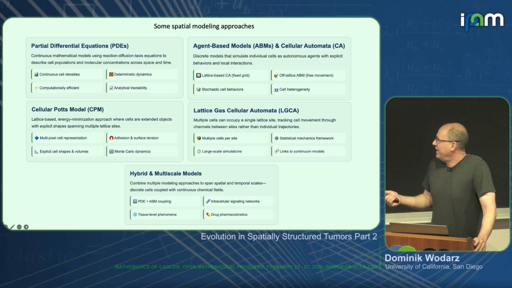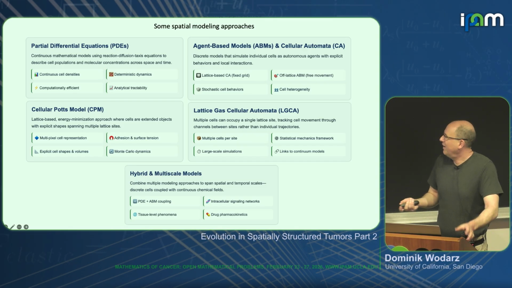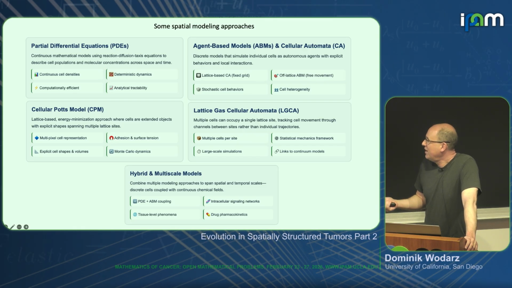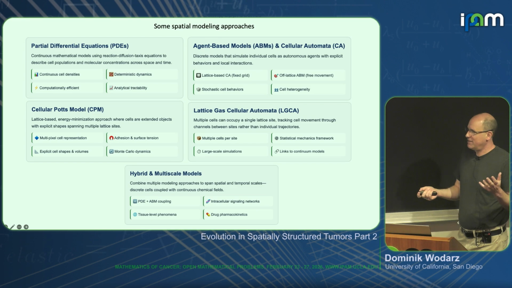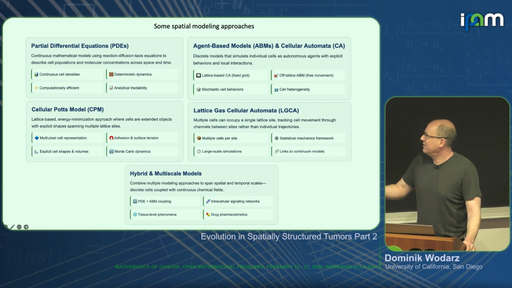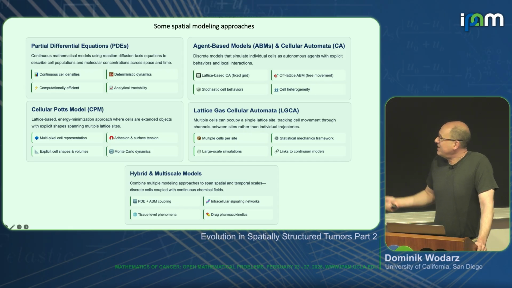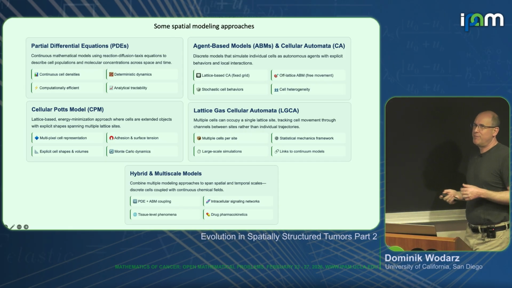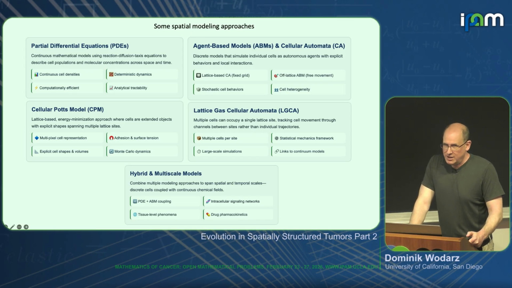And there are further variations, such as lattice gas cellular automata, where you can have more than one cell in a given spot. And then you can have hybrid multiscale models, where you have agent-based models plus other diffusible factors modeled by PDEs, and so on.